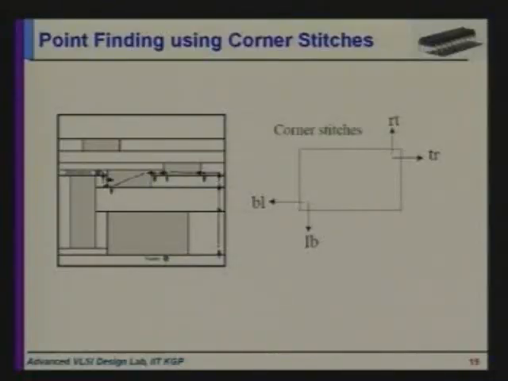Say I want to do an area search given an area. There are algorithms for all this. Because of the paucity of time, I won't go into all the algorithms, but say I have an area search. What will I do? First I'll find out the block which contains its left point.